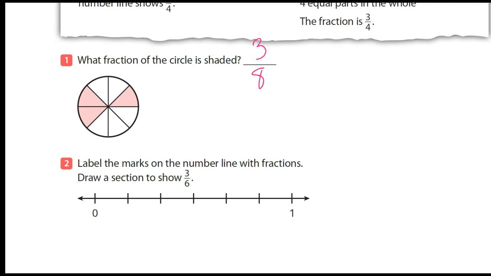Yeah, the fraction of the circle that is shaded is 3/8. Okay. Now on the number line it says label the marks on the number line with fractions. Okay. So first of all, how many sections are there? 6. So my denominator is going to be what? 6.